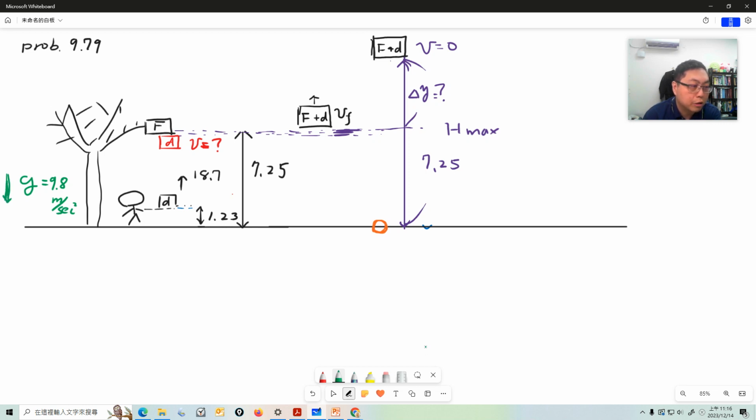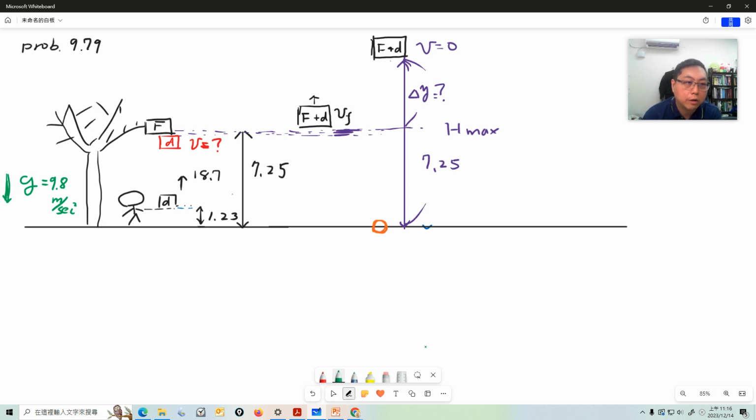So you have to calculate the velocity just right before the inelastic collision, then get the velocity right after it, and then get the distance here.